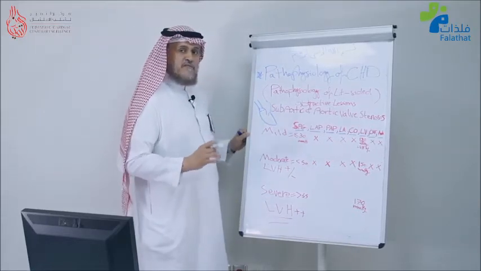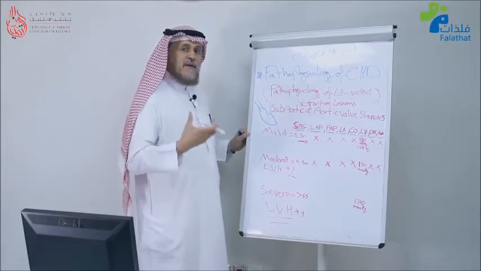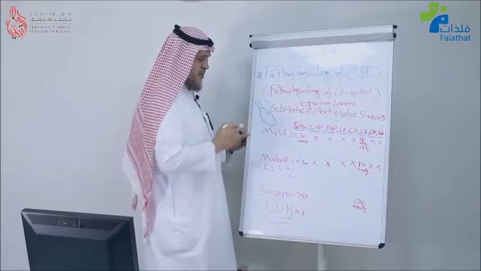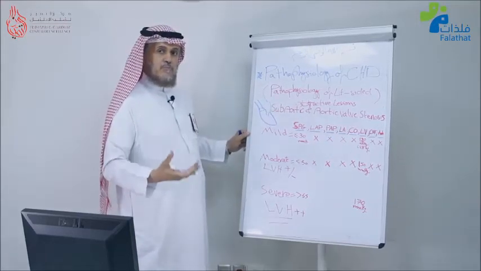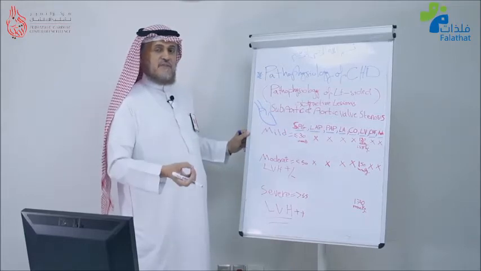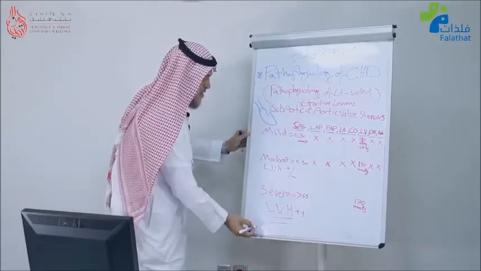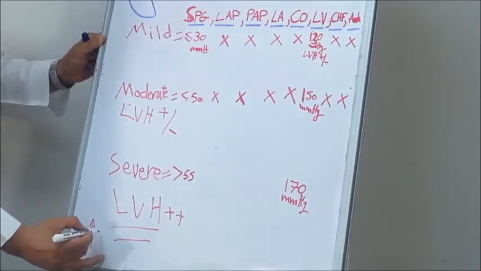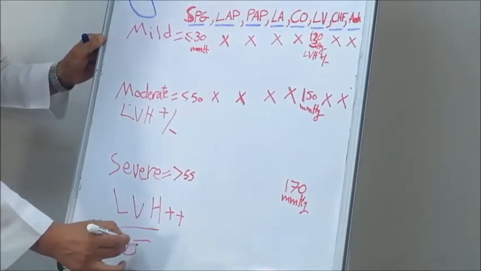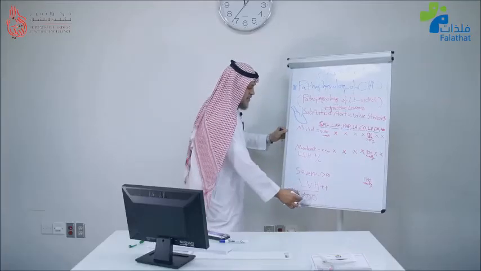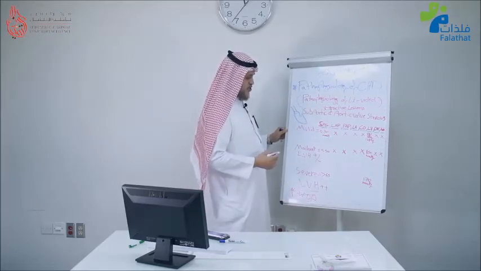And once we start to have left ventricular hypertrophy, we will start seeing some non-compliance and stiffness of the left ventricle and possibly elevated or abnormal LV EDP. We start seeing elevation of the left ventricular end diastolic pressure.